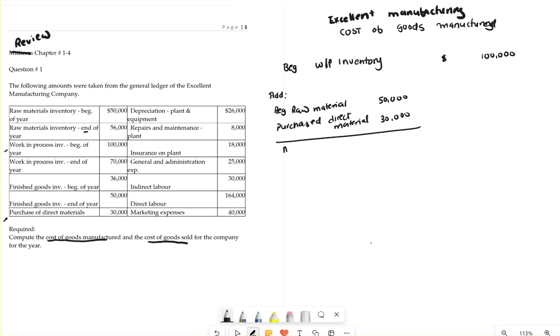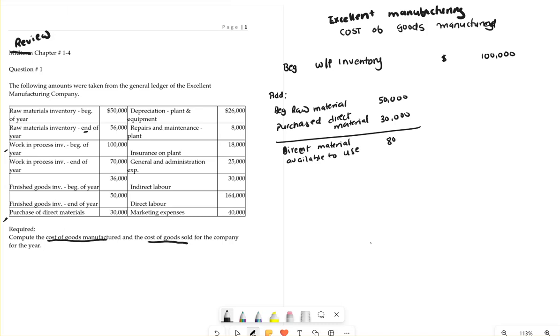Raw material available to use, direct material available to use.